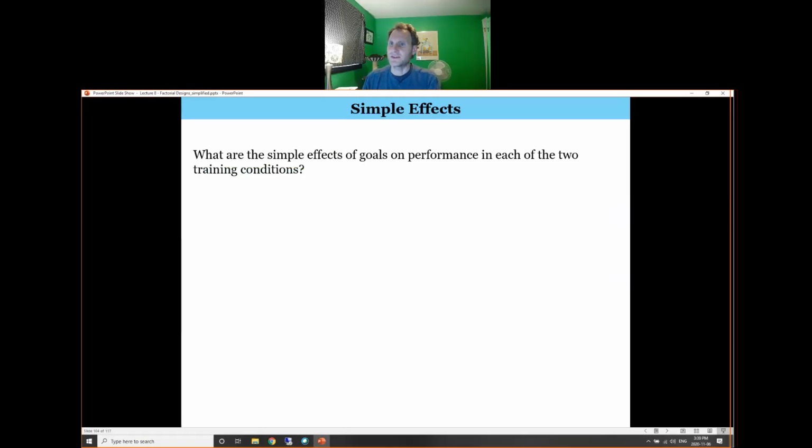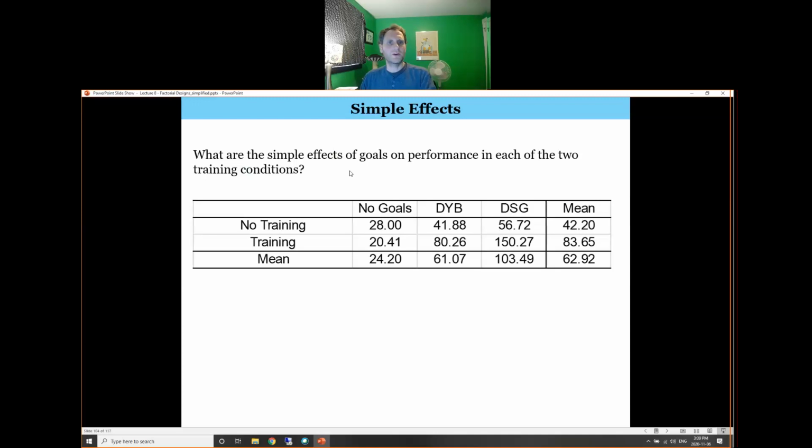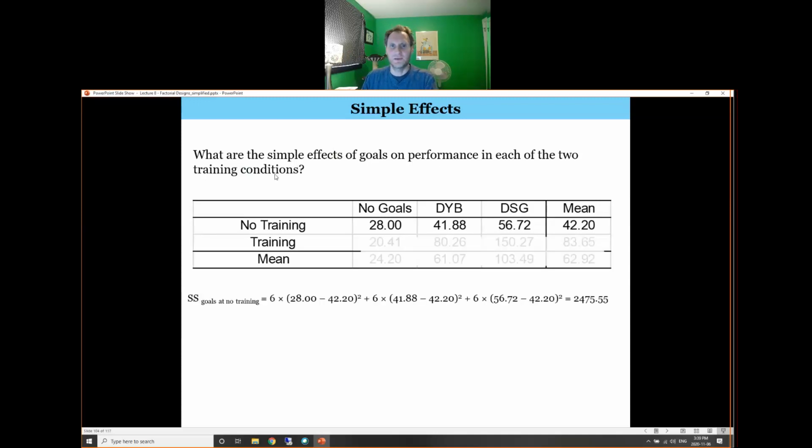Let's go the other direction where we have 3 levels now. So what are the simple effects of goals on performance at each of the 2 training conditions? So here, if I'm looking at the no training condition, I have 3 levels of goals. I compute the sums of squares in the same way.